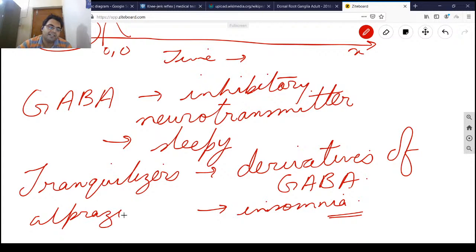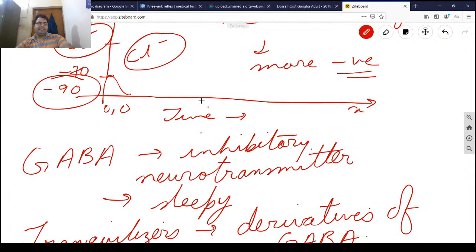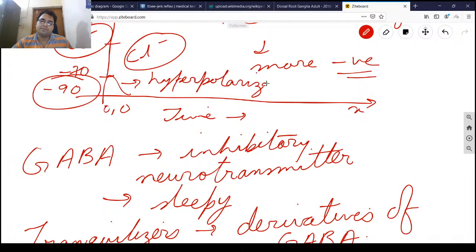That's the pharmaceutical compound which is used by patients to alleviate their insomnia. So that is the work of GABA. It causes hyperpolarization, and thus is an inhibitory neurotransmitter.